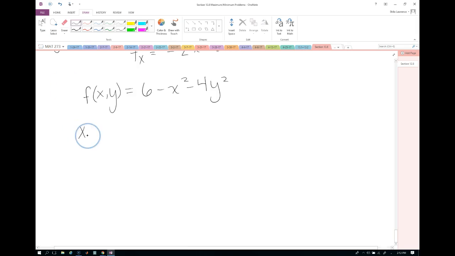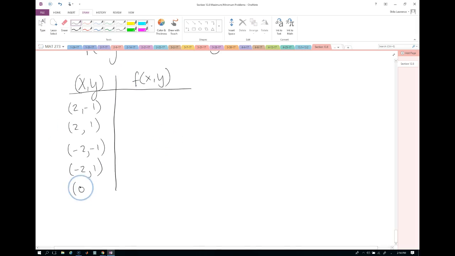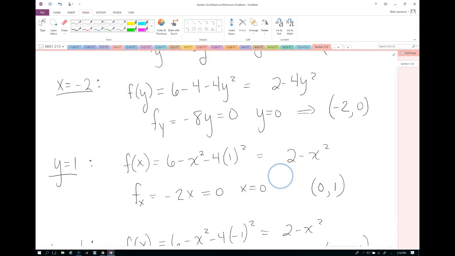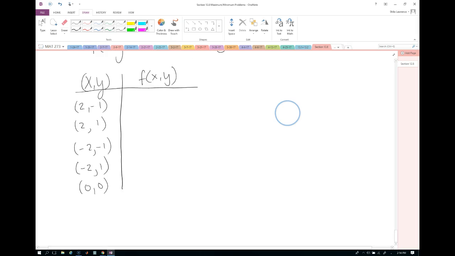And the list of points we need to check are the corners, which we said are (2, -1), (2, 1), (-2, -1), (-2, 1). We also found one interior critical value, (0, 0). And then we found 4 critical values on the boundary, (-2, 0) and (2, 0), (0, 1) and (0, -1).